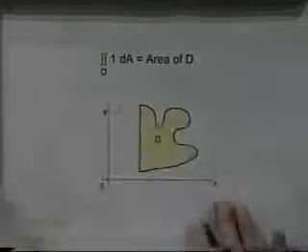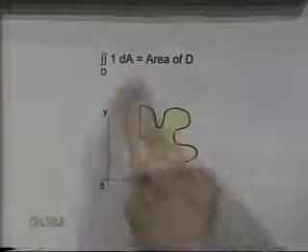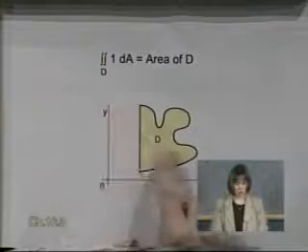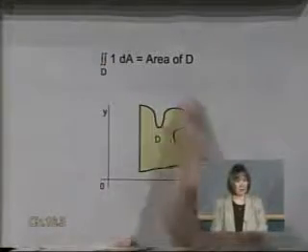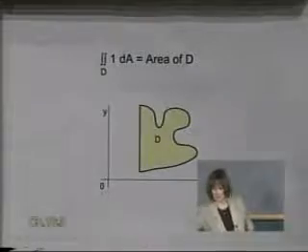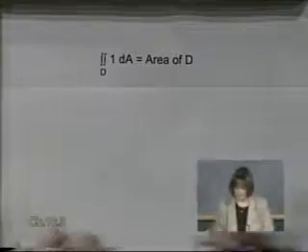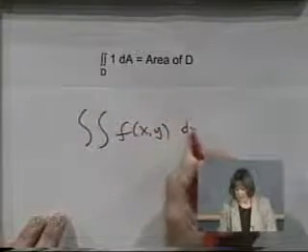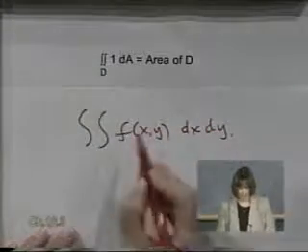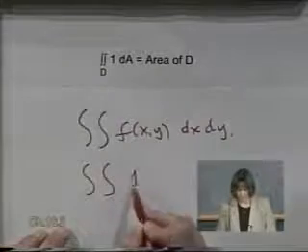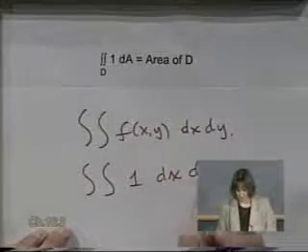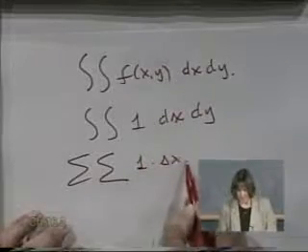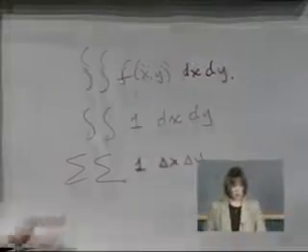Okay? Next thing, note, if for f of x,y you let it be 1, what you're actually going to be finding is this area. Because if you think about it, when you're doing your double integral of f of x,y dx dy, if that f of x,y is a 1, you're summing up 1 times delta x delta y for all your little subregions.